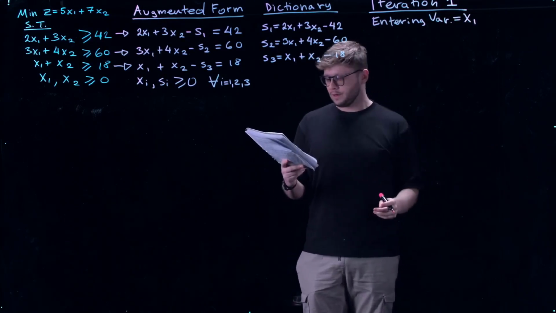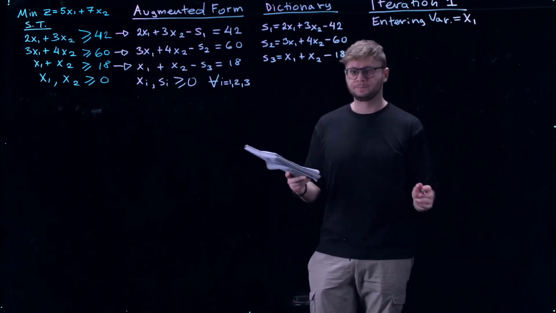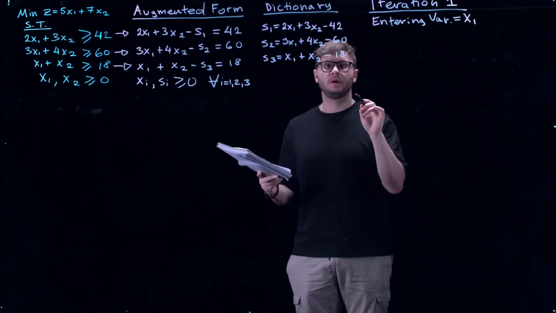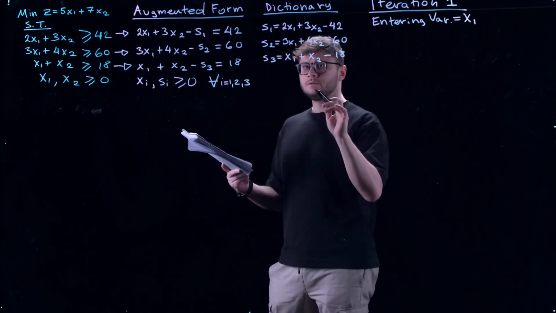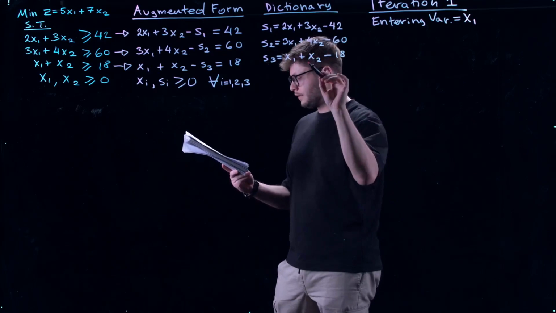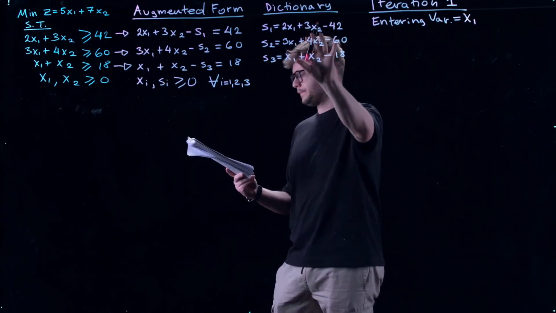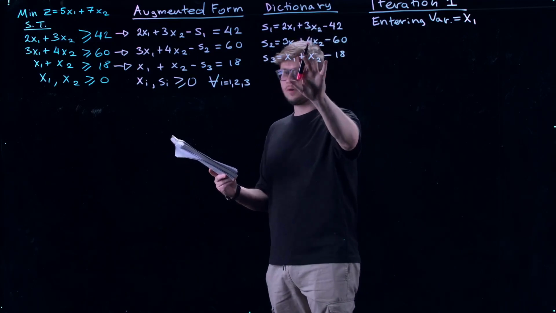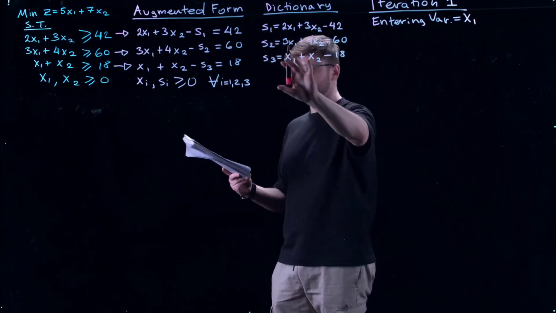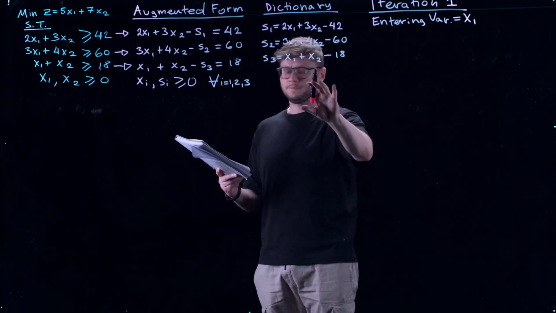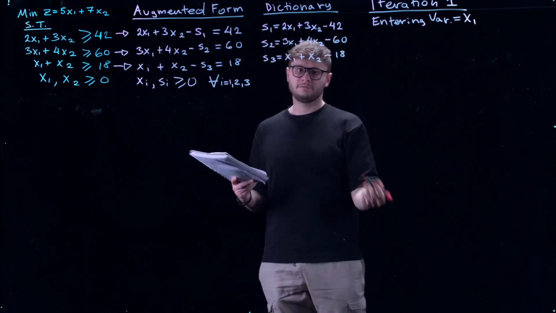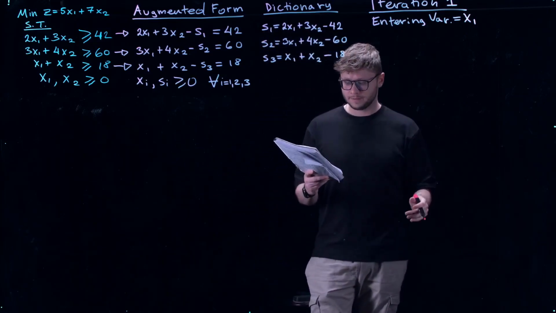Now, what we have to do is ultimately solve our dictionary for our slack variables to get an idea of what it's going to look like, and then we're going to set up our if-then comparison.